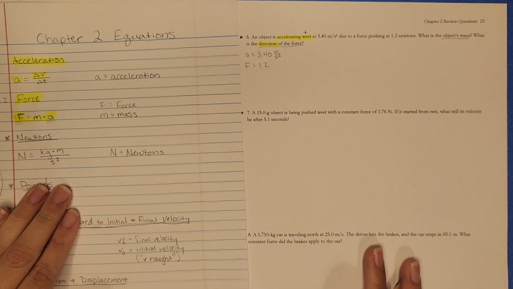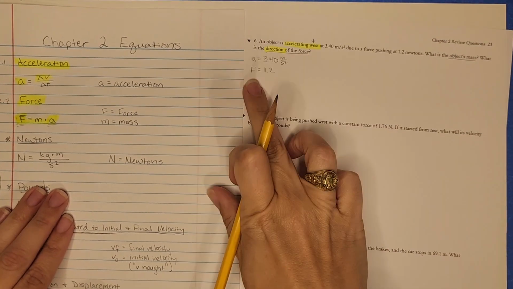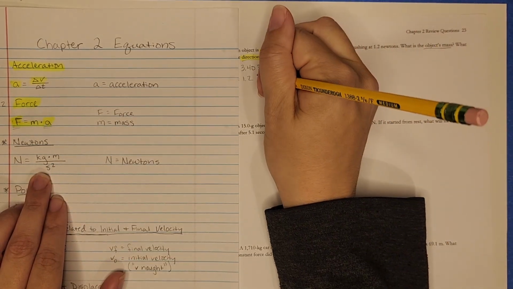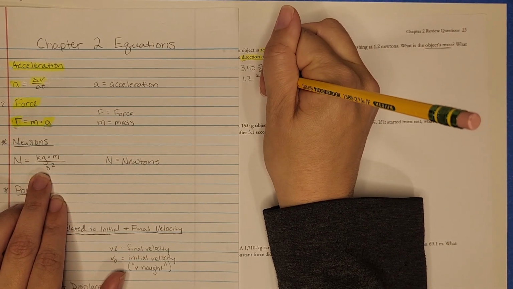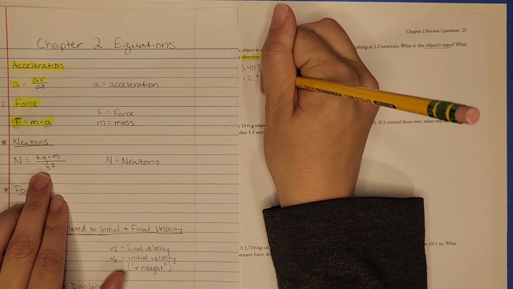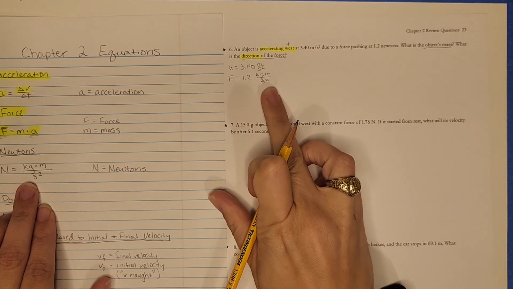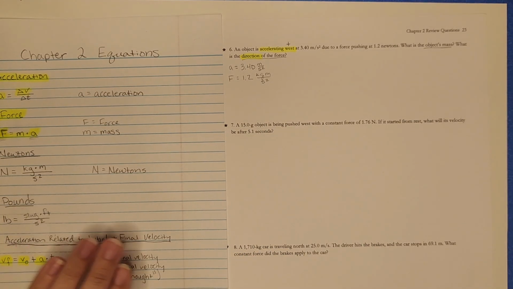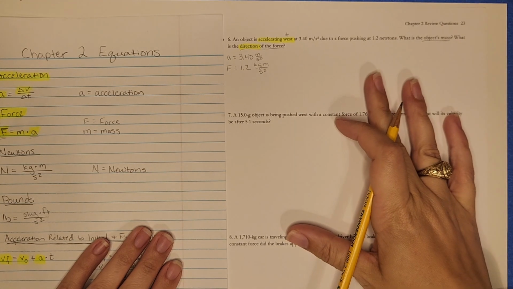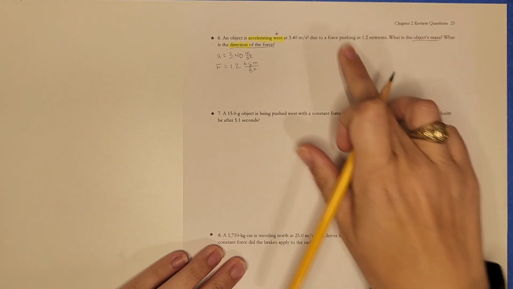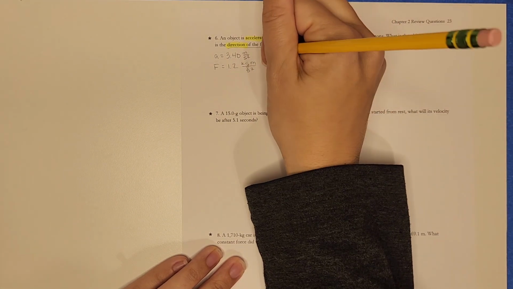So instead of writing newtons for the force, I'm going to write what newtons breaks down into: kilograms times meters per second squared. That is my force. And what is unknown is mass, because that's what the question is asking.